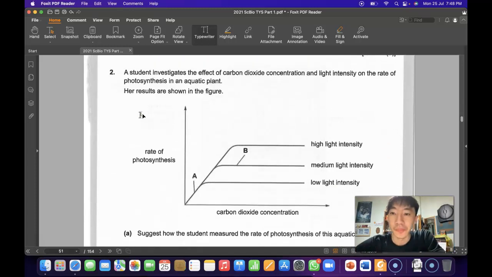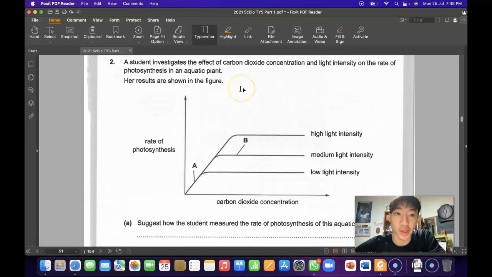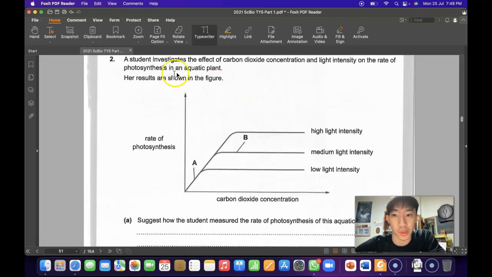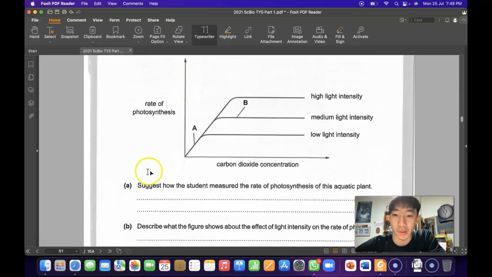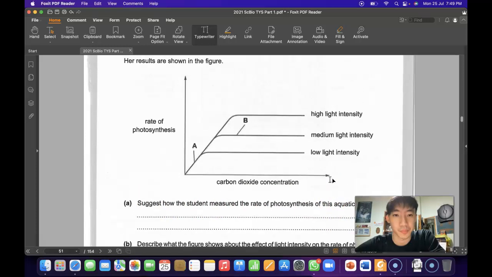Okay, question 2. A student investigates the effect of carbon dioxide concentration and light intensity on the rate of photosynthesis in an aquatic plant. Her results are shown in the figure. How did the student measure the rate of photosynthesis of this aquatic plant?